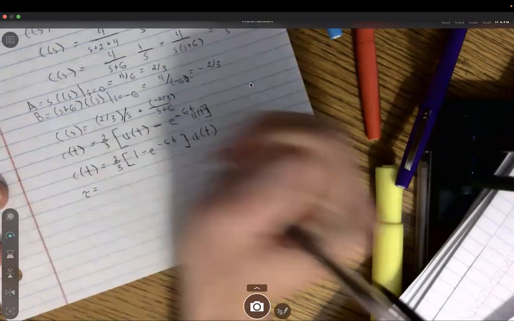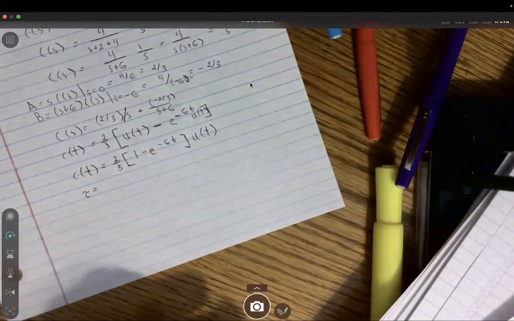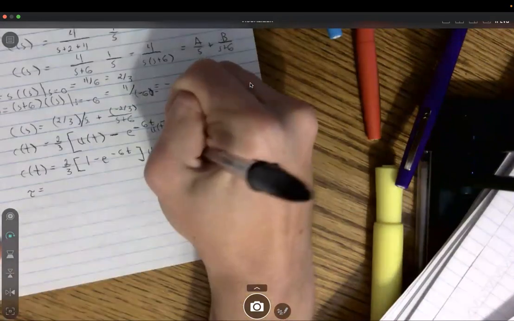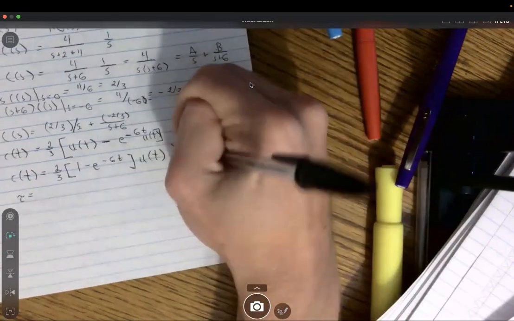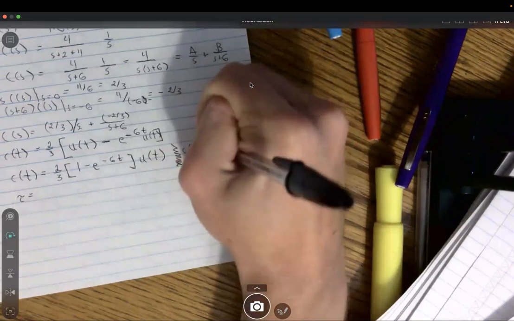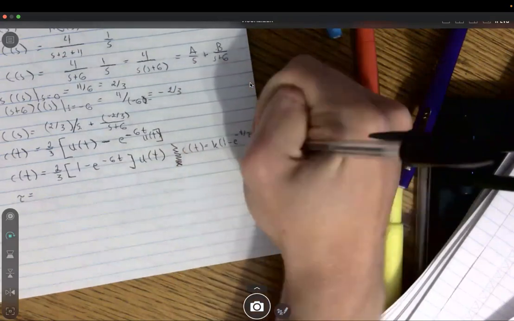You could look specifically at how your system is made, but there's one important equation for the unit step response that you might not have been exposed to. C of t is equal to K times 1 minus e to the -t divided by tau, and then u of t.